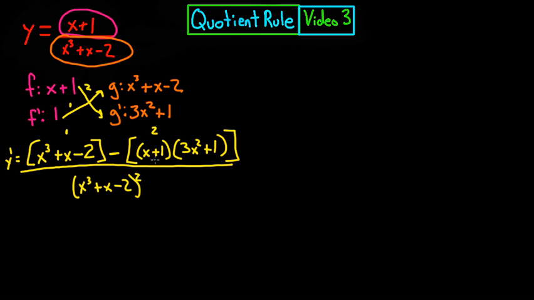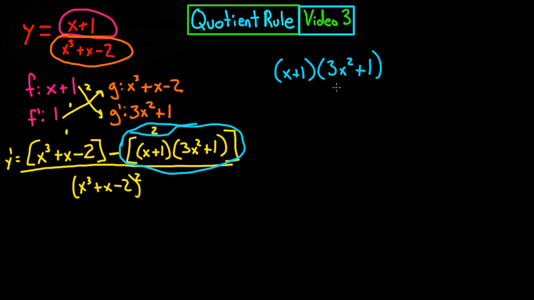So let's do that. First we're going to break this part right here down. So let's do that over here. So we've got x plus 1 times 3x squared plus 1.